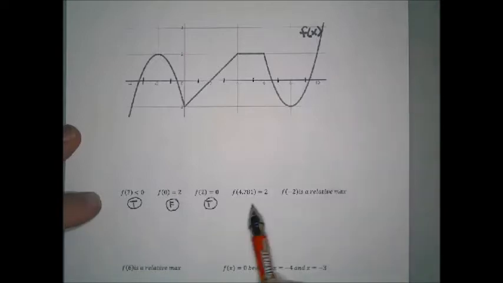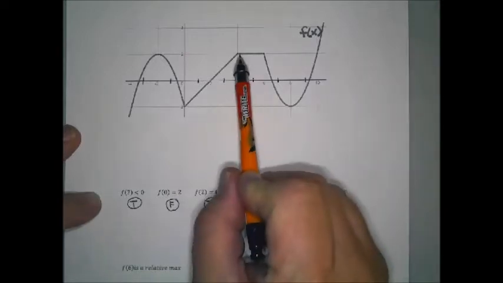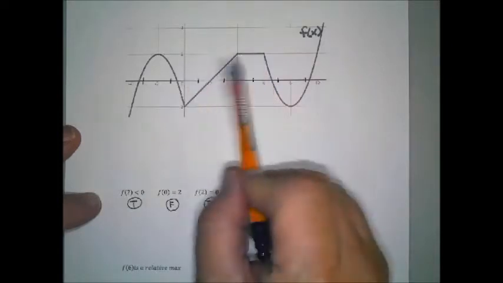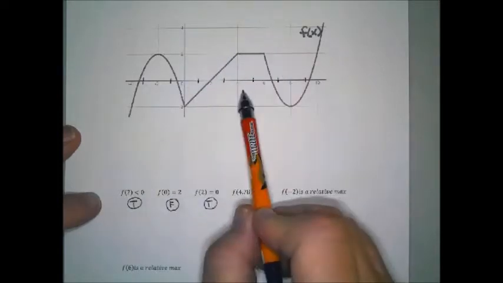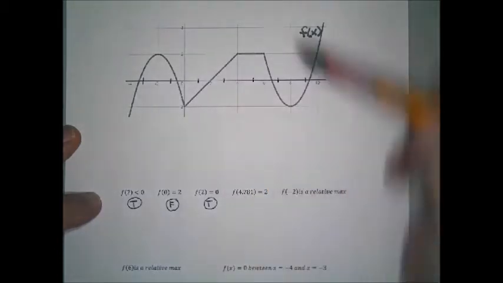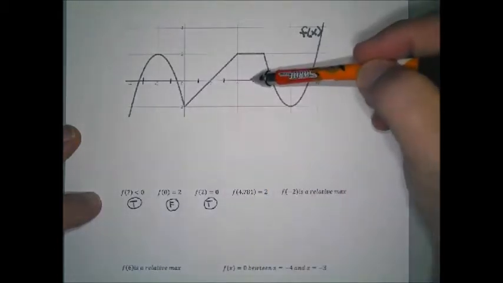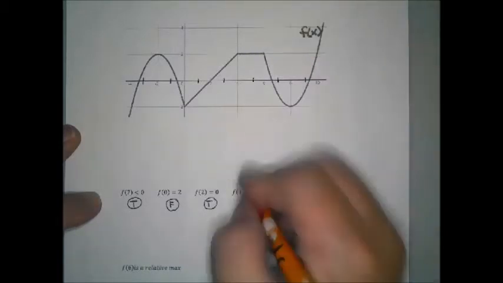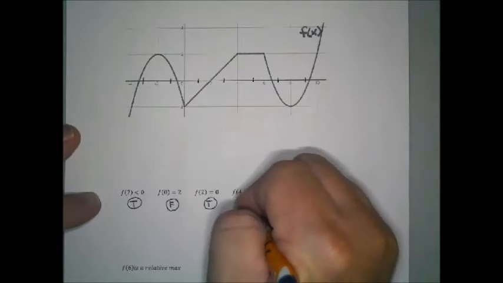Well, actually, you don't have to, because remember the constant part of the graph? The graph is a constant at y equals 2 from values of 4 to 6. So 4.781, even if we had to take our best guess as to where 4.781 is, and we said, what's the value of y at that position? The answer really is 2, because it's a constant. So that's true.